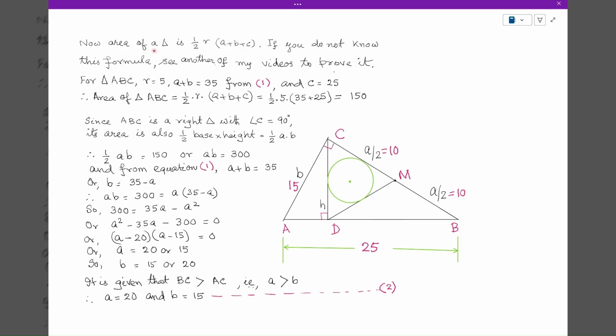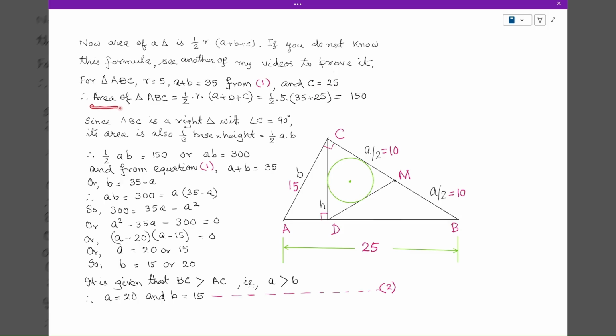Now, the area of a triangle is given by the formula half R multiplied by (a plus b plus c). If you do not know this formula, see another of my videos to prove it. For the time being, let us assume this formula and apply it to triangle ABC. For triangle ABC, R is 5, a plus b is equal to 35 from equation 1, and c is equal to 25.